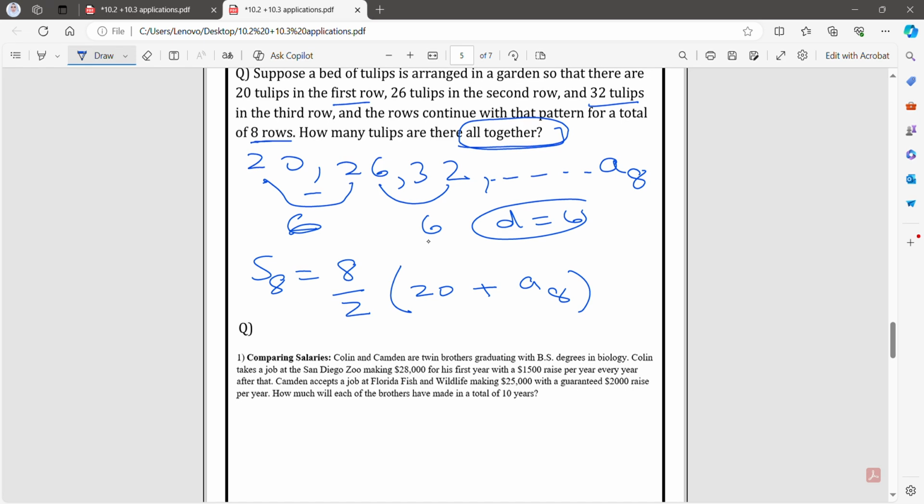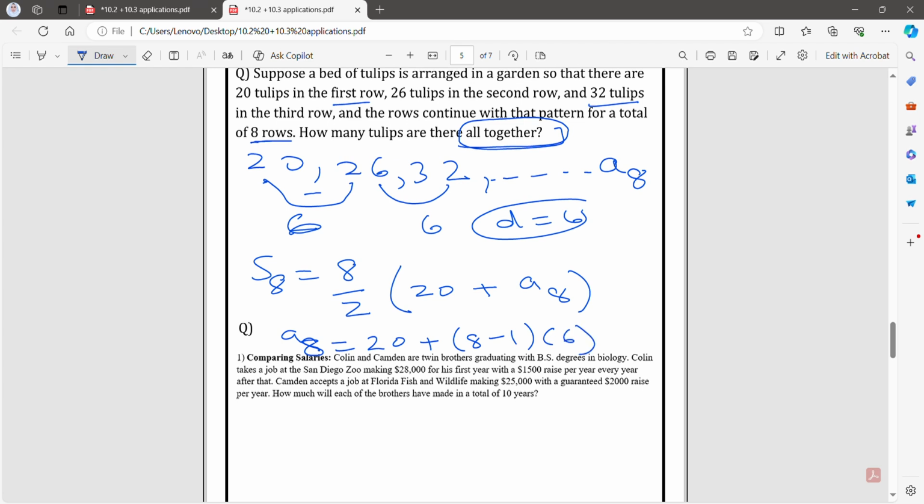We need to find A8 by using the term formula for arithmetic, which is A8 equals a1, which is 20, plus (n minus 1), so 8 minus 1 because n is 8, times d. What is d? 6.